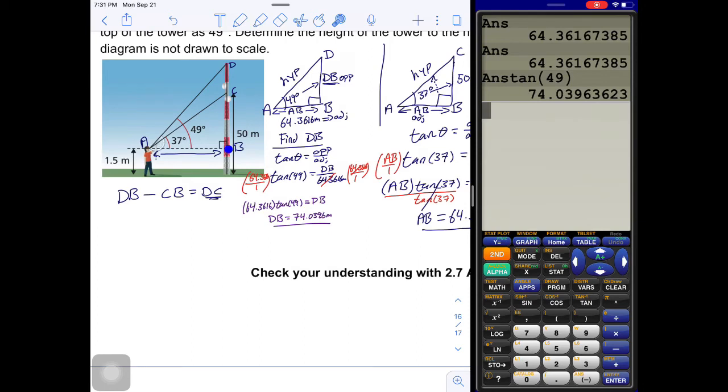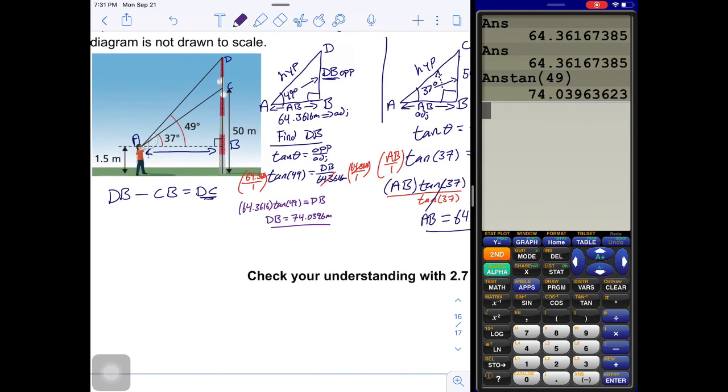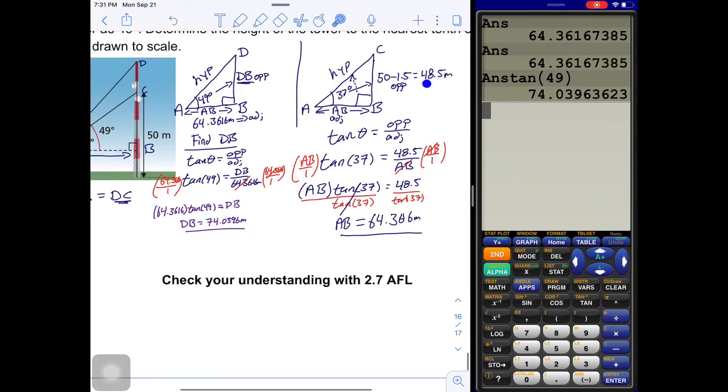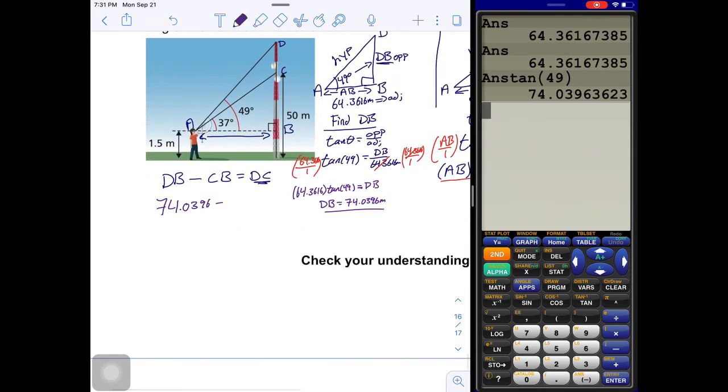So D to B minus C to B is going to give me this. So here, D to B we just solved for is 74.0396, and we're going to subtract C to B. C to B we figured out is 48.5.